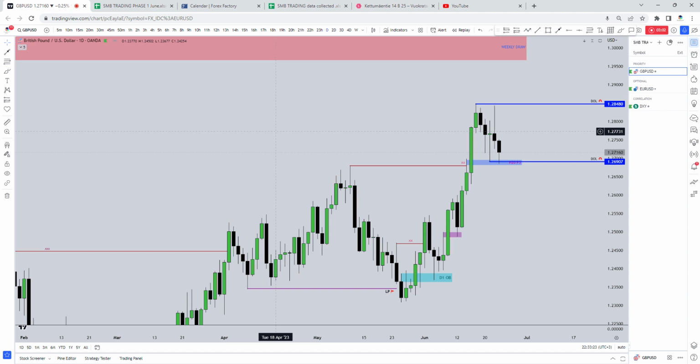But focusing on all pairs was a challenge for me, because while I was looking at the British pound, the Euro USD was making a better setup, and whilst I'm looking at GBP JPY, GBP USD was getting a setup.